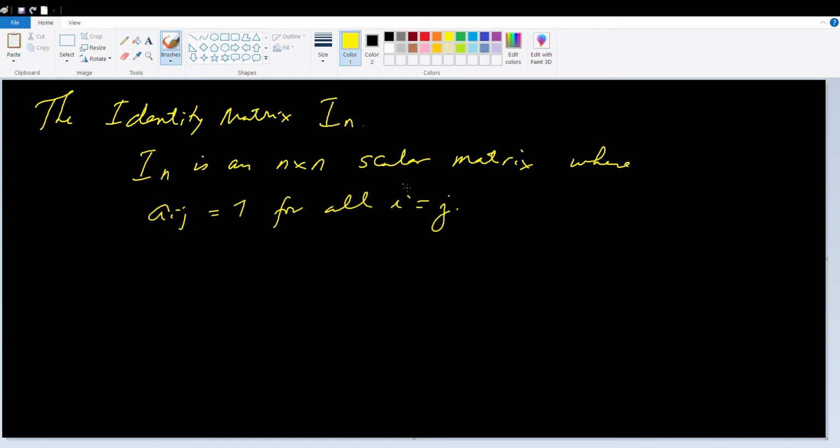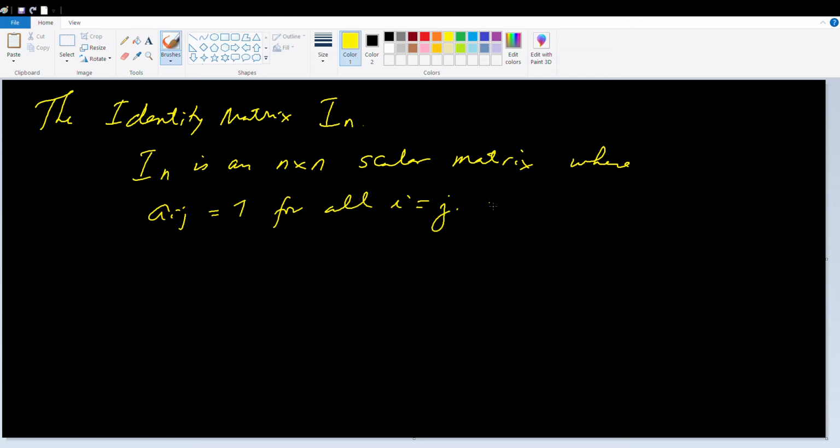A scalar matrix is a diagonal matrix or a square matrix where all the elements are 0 except for the main diagonal. And if the elements along the main diagonal are all equal, then it is called a scalar matrix. A diagonal matrix is one where all the elements are 0 except those along the main diagonal.